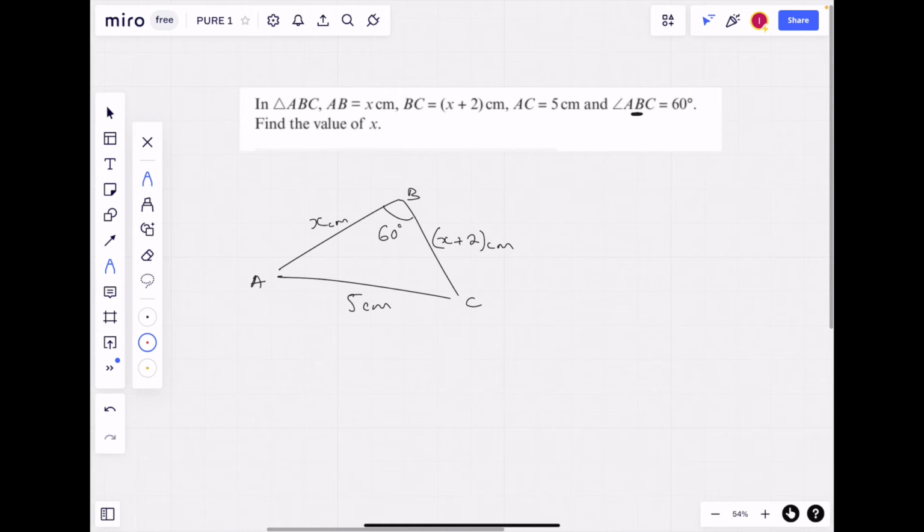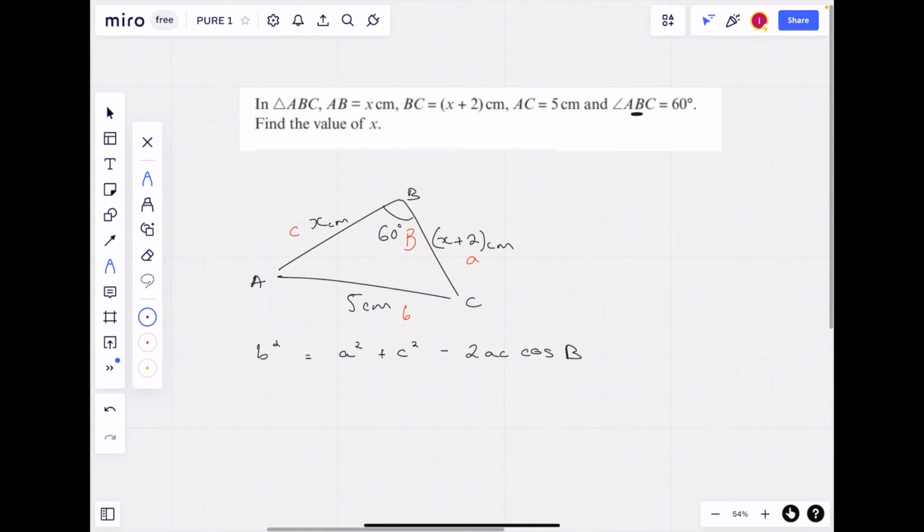You are trying to find the value of x. So let's label what we have. We've got small b, small a, small c, and then capital B. So ideally, making it equal to b squared is going to work because we want it to end in cos B. b squared equals a squared plus c squared minus 2ac cos B. Now we can make use of that angle.